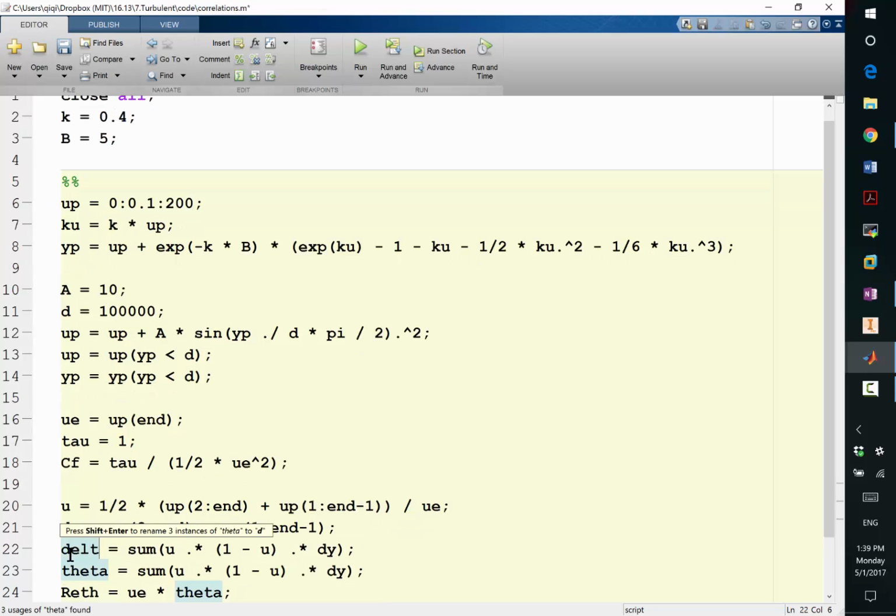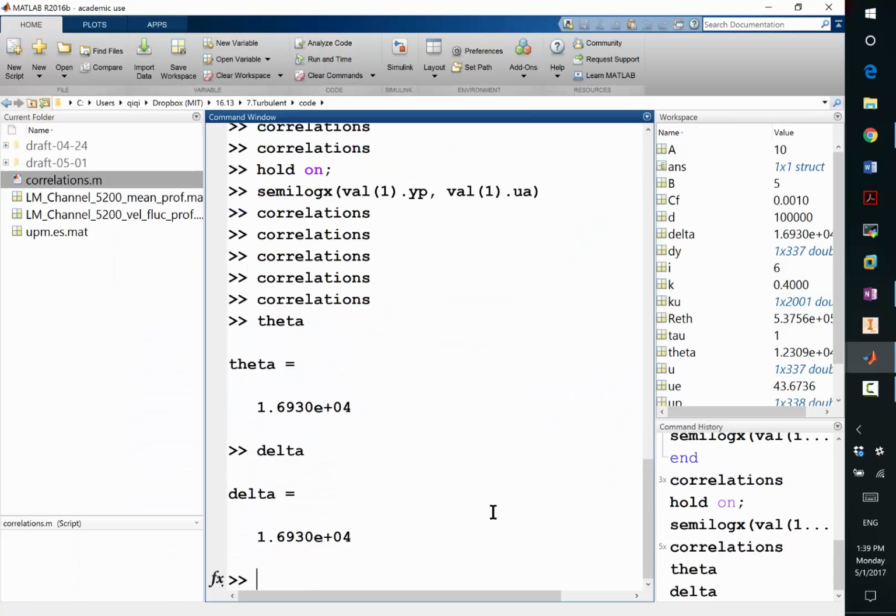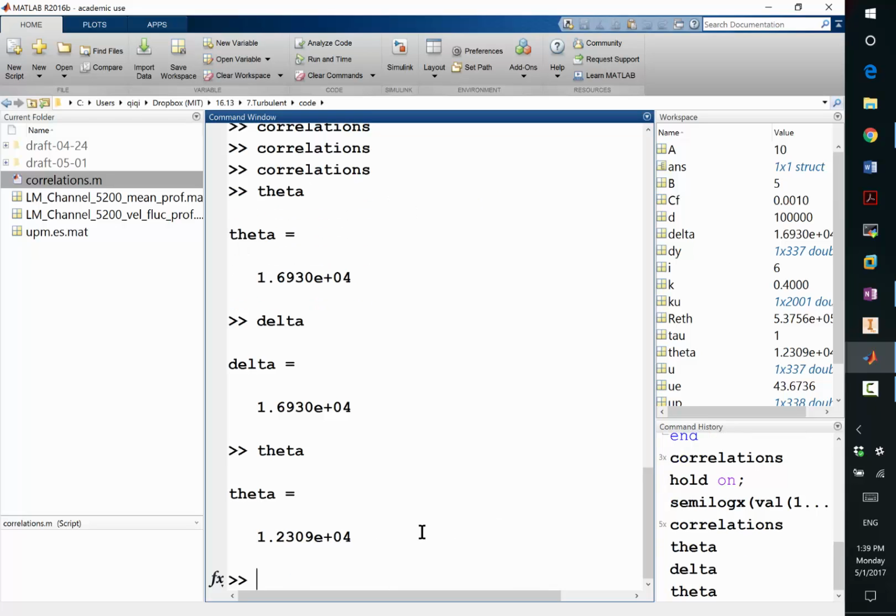So let's compute delta because we need to compute the shape factor anyway. So let's do that. I have a delta, which, as I just said, was delta, and theta was a little bit lower than that. Right, it's about 12,000.